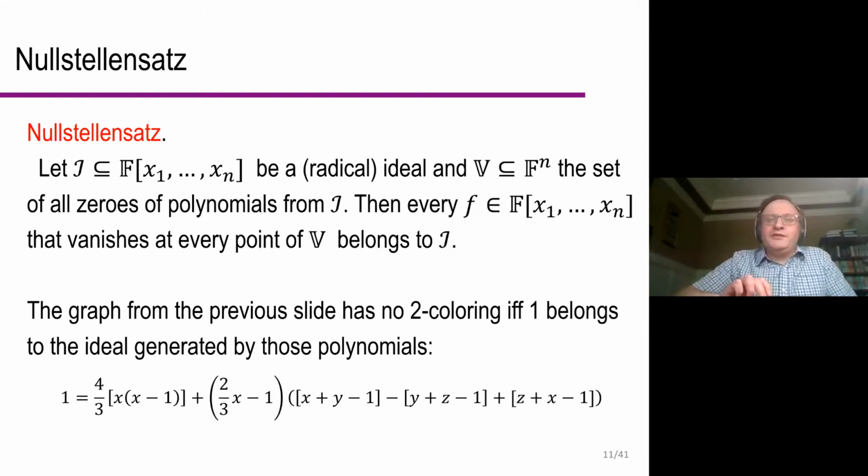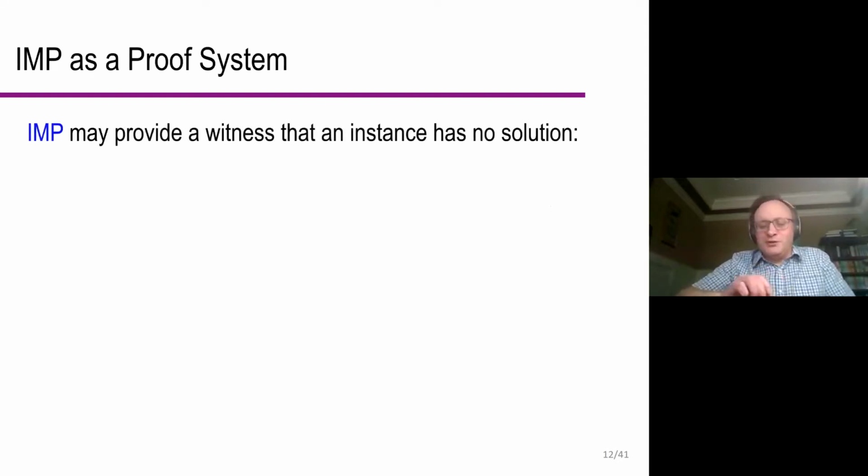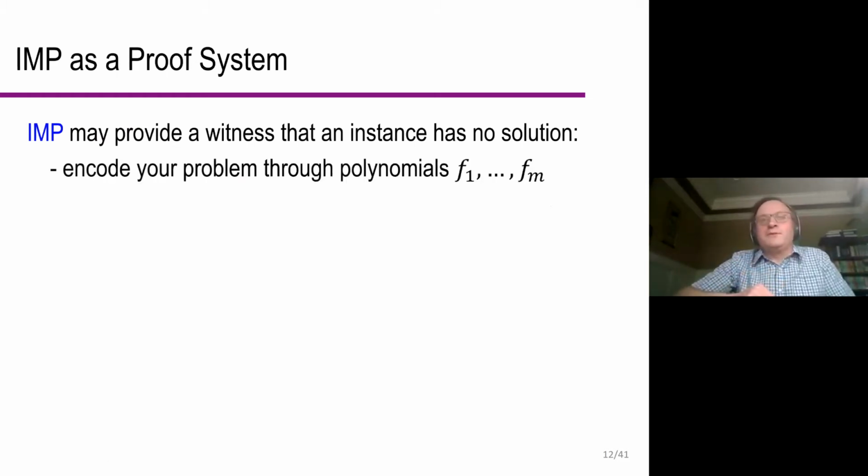Okay. And again, this is a very basic connection, right? It has been studied very thoroughly for decades. There is nothing new about it, of course. So generally speaking, this approach provides a tool, or a witness in this case, that an instance of our combinatorial problem has no solution.